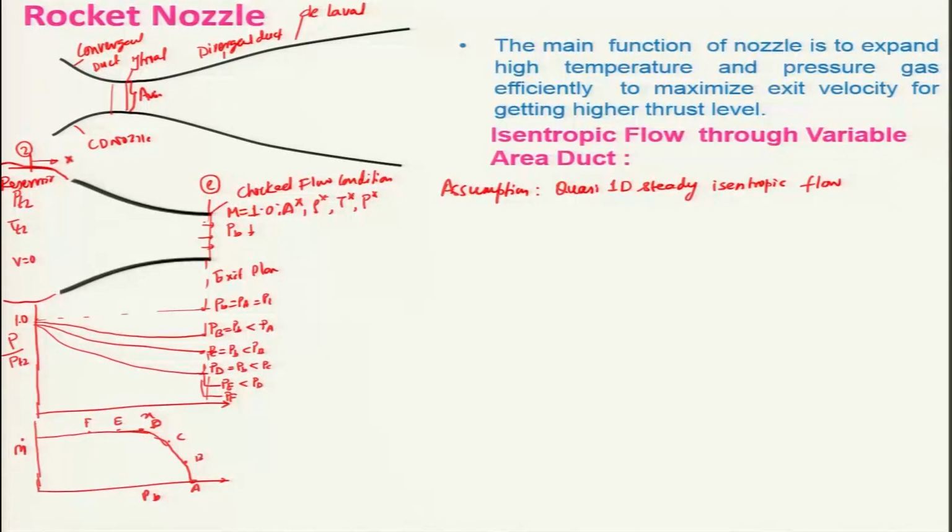Quasi one dimensional means that in this case the area is decreasing or increasing in a very gradual manner, such that in each location the one dimensional flow is prevailing, although it may not be true generally, but however we are considering that flow to be one dimensional. And isentropic, we know, is basically adiabatic and inviscid flow.